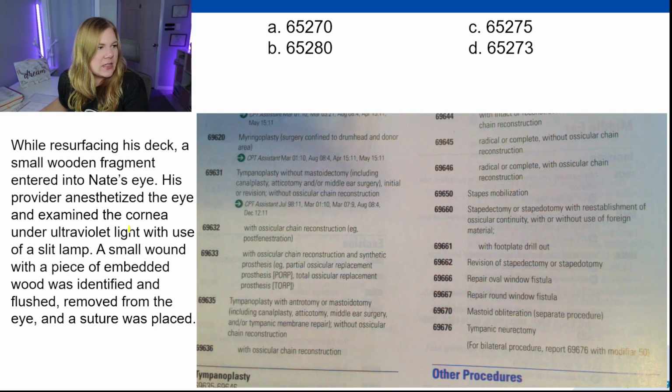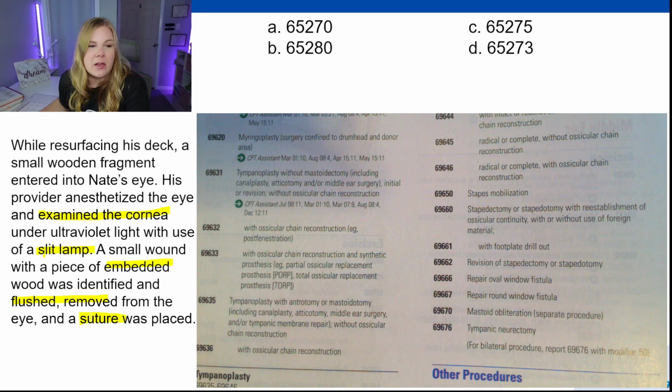I'm going to take out that they did an examination of the cornea with the use of the slit lamp. There was a foreign body, so we removed that foreign body, we flushed it, and we placed a suture. So this might be one where it might not be as straightforward with what terms we might have to look up in our index.